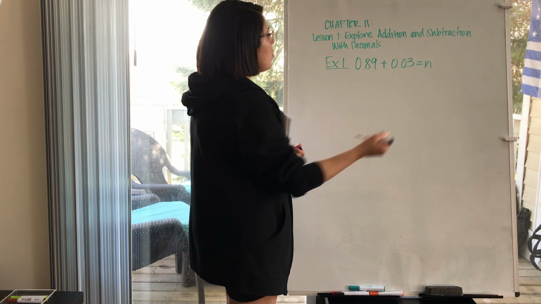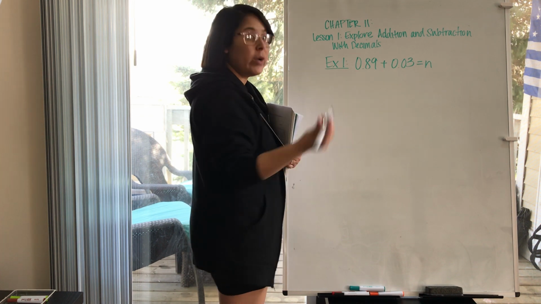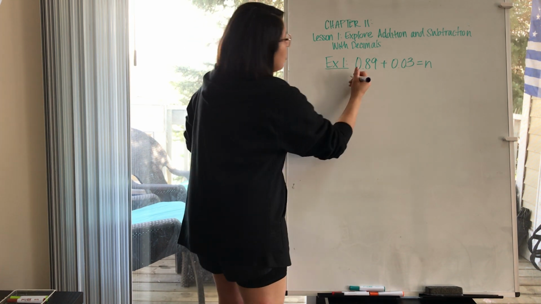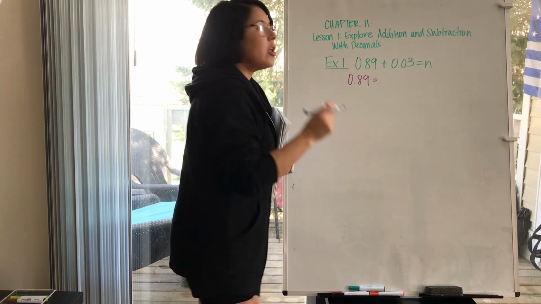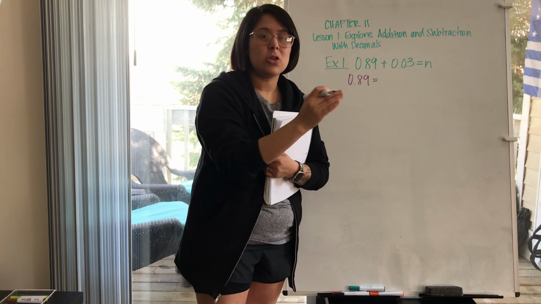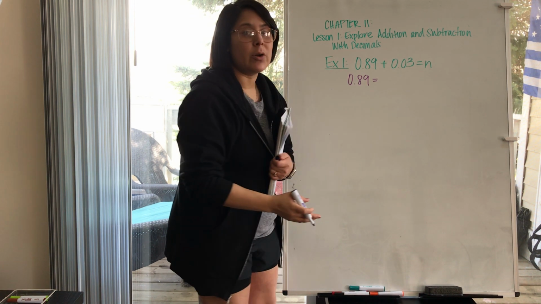So the first one is this one. How do I turn that into a fraction? We know how to add fractions. That's what we've been doing these last 2 chapters. So we have 0.89. Okay, listen, the way you say it is the way you write it. So how do I say this number?